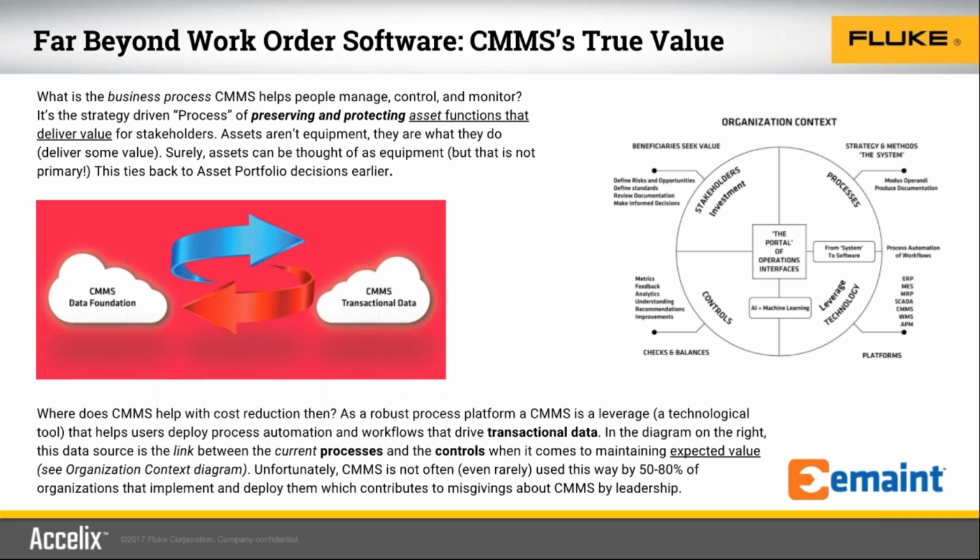So those who answered on the poll, for example, that they're up to 40 to 60% reduction in cost after implementing the CMMS system, that doesn't happen by accident. And actually, most of the CMMS implementations, maybe about 50 to 80% of organizations that implement them actually fail, and that leads to a lot of misgivings about CMMS and some of the initiatives like reliability-centered maintenance.